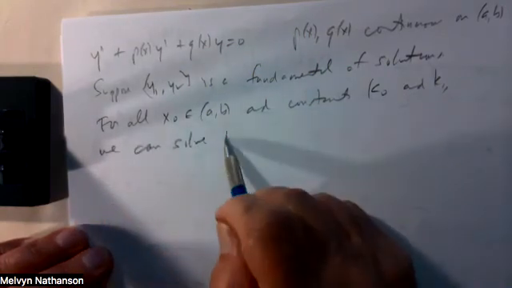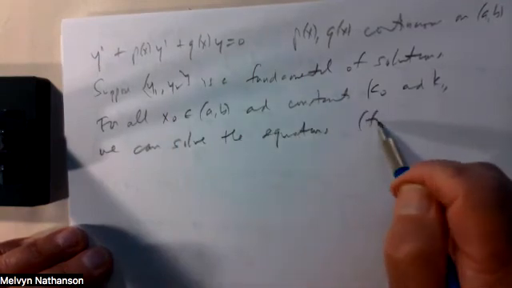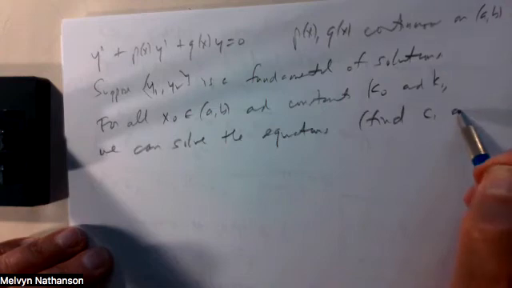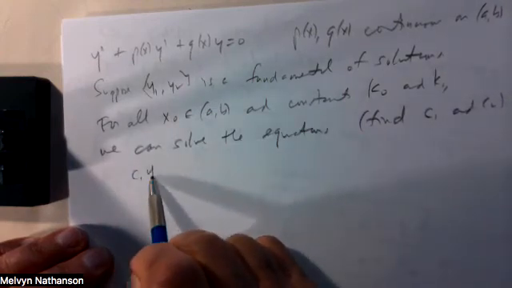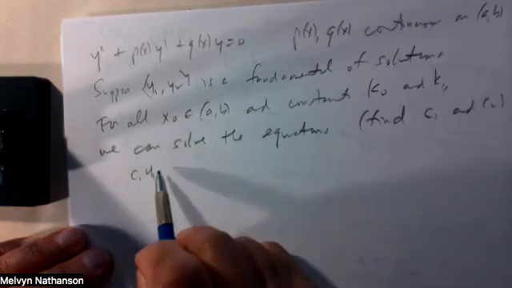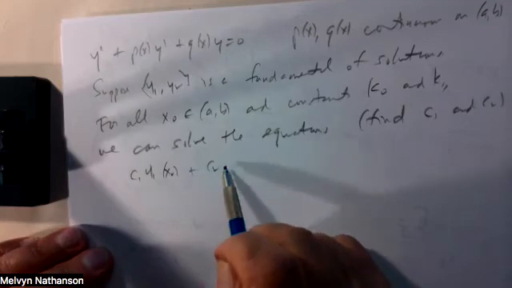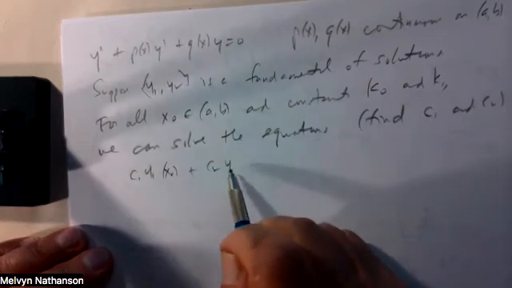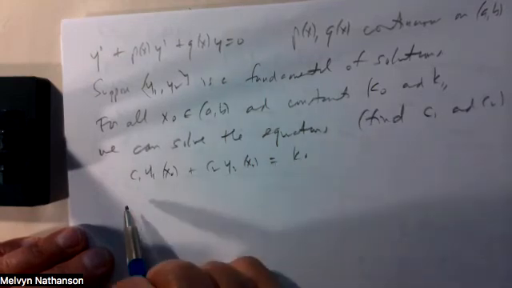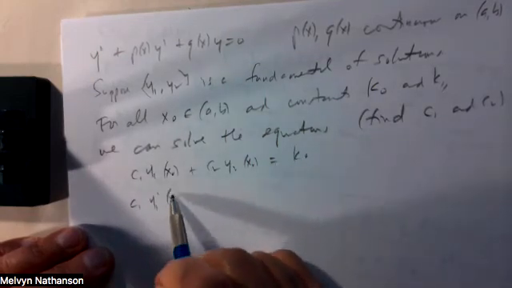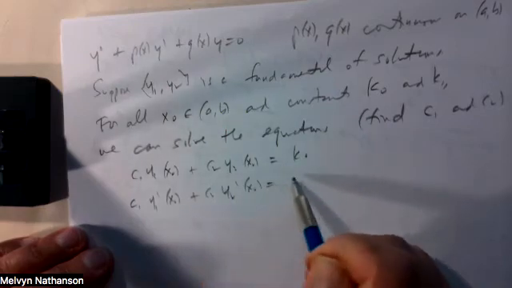we can solve the equations. That means find C1 and C2 such that C1 y1 at x naught plus C2 y2 of x naught is equal to k naught, and C1 y1 prime at x naught plus C2 y2 prime at x naught equals k1.